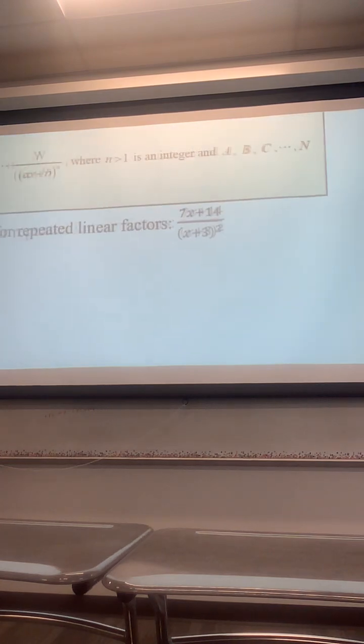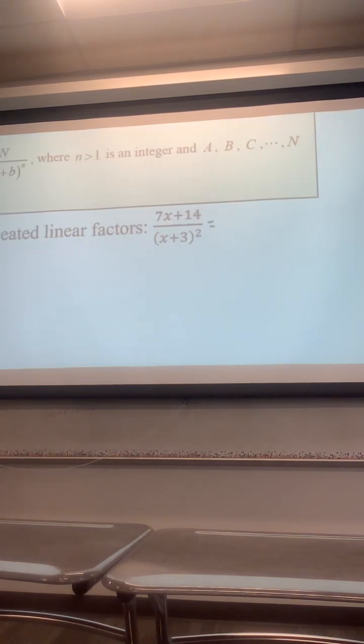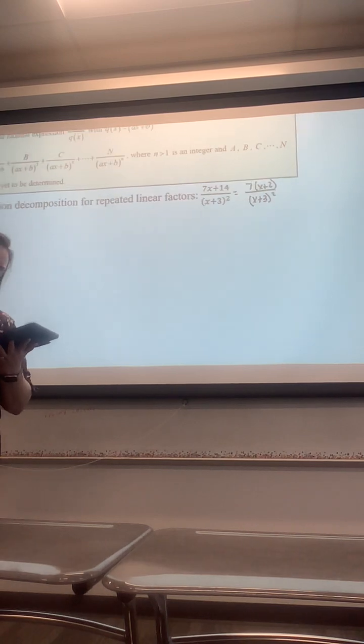Okay, so for this one, let's go ahead and factor first here. This is 7 times x plus 2, right, over x plus 3 squared. Now, I'm going to tell you right now, the top factoring doesn't actually help you. But that is true.